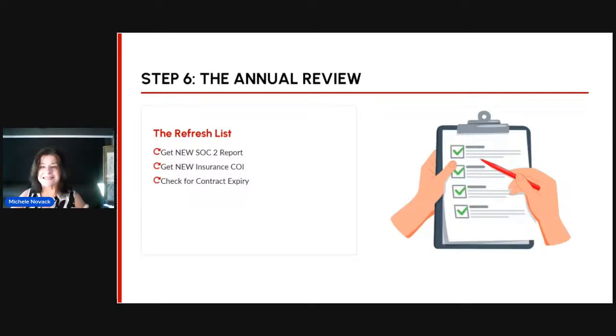To maintain continuous regulatory alignment, firms must run a re-vetting cycle every 12 months using these 3 specific tools. Okay, again, every 12 months, or at the time when that contract or subscription expires.